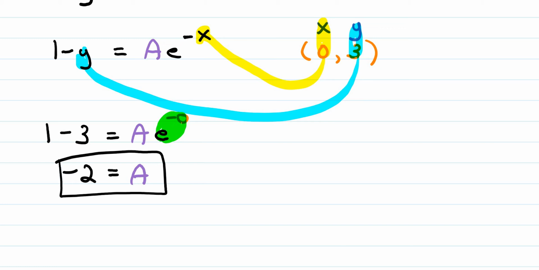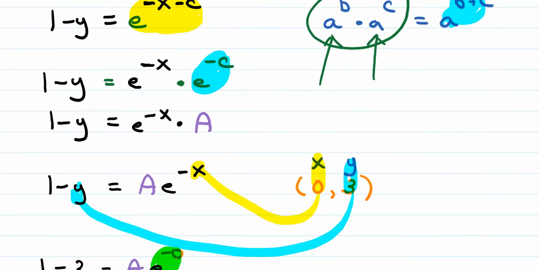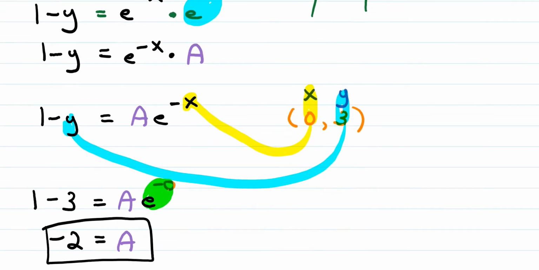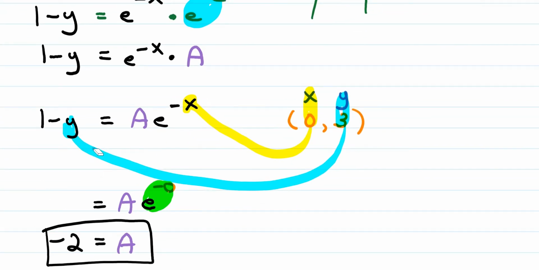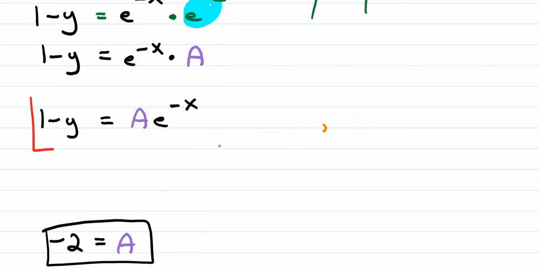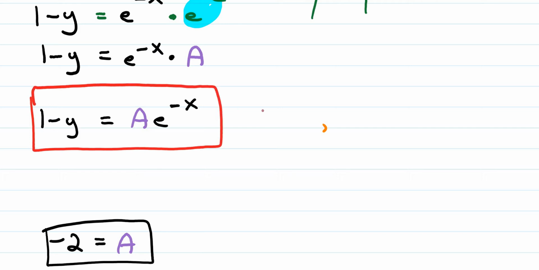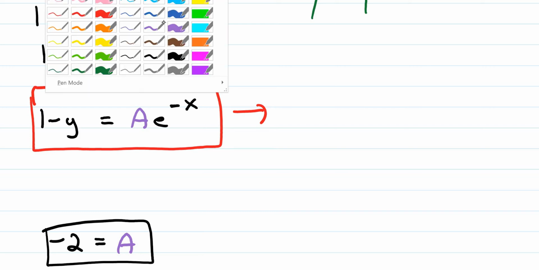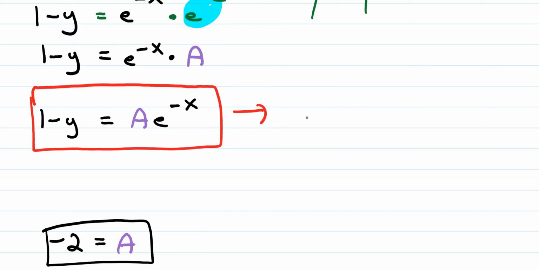Okay, let's go back to some of the previous steps, and let me erase all this now. Let me box this step right here in red. I will continue the problem from this step. I know that a is going to be negative 2. So if I continue writing out the problem, I have 1 minus y equals negative 2 times e to the power of negative x.